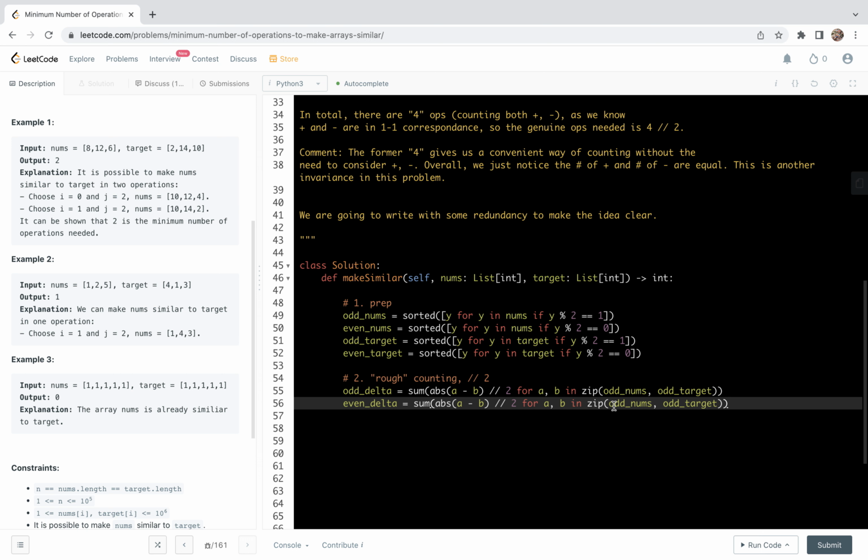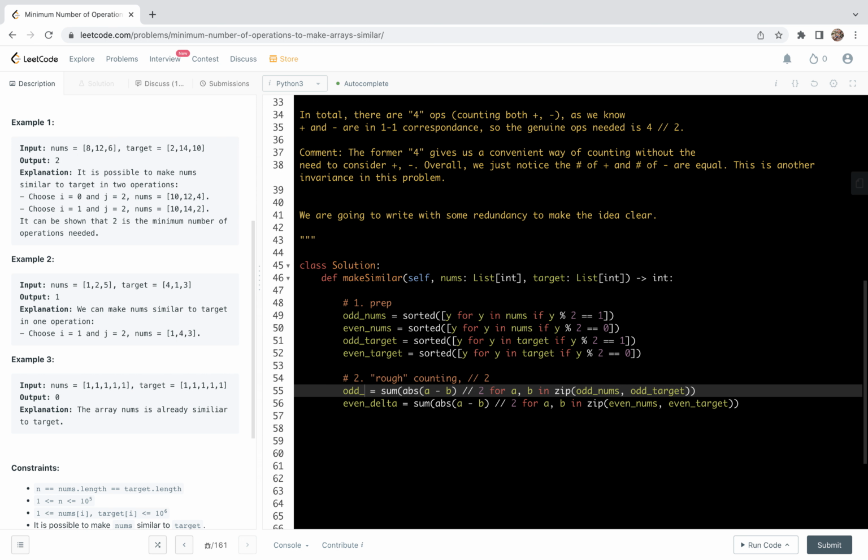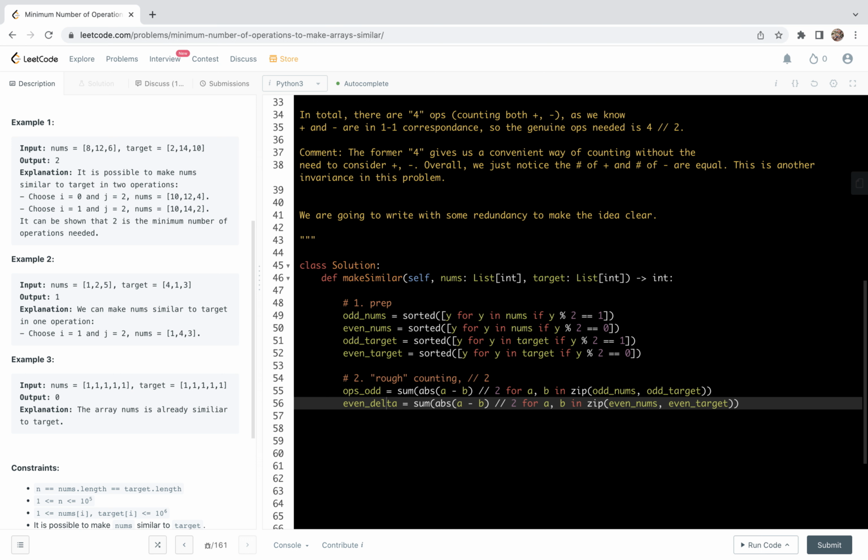Let's copy this one. So for the even part, I'm going to change this to even, and this to be even. And then let's change this name from odd operations to ops odd.